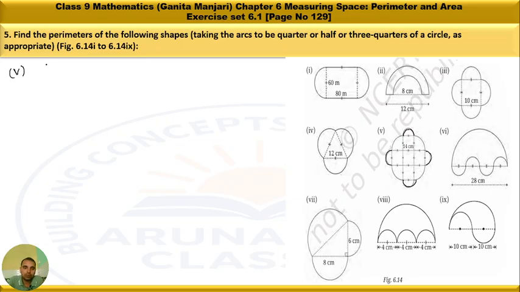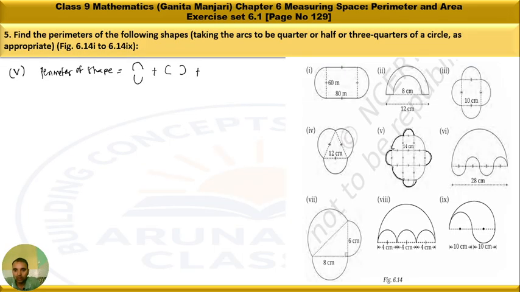So if I consider finding the perimeter of the shape, what I will do: this is the first part of the semicircle, this is the second part, plus this is the third part, and this is the fourth part of the semicircle, plus here this part is a quarter of a circle.